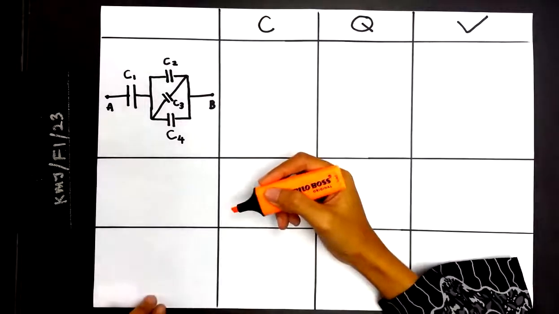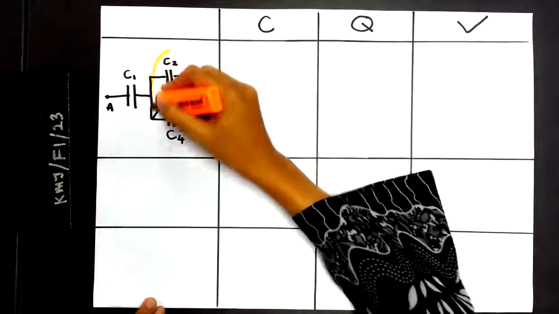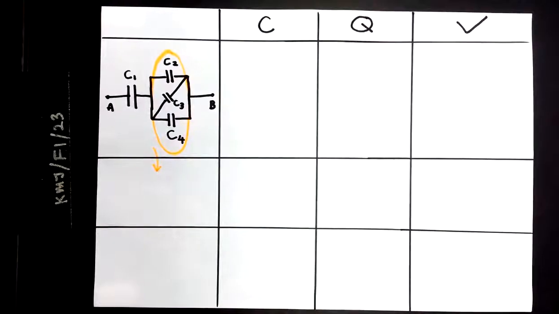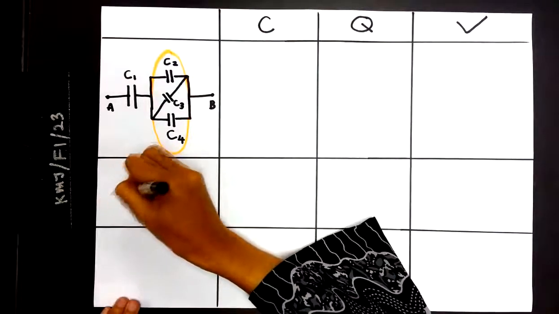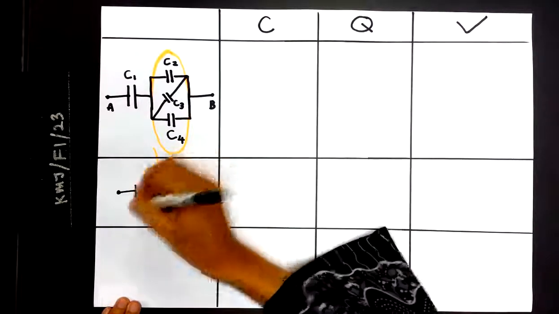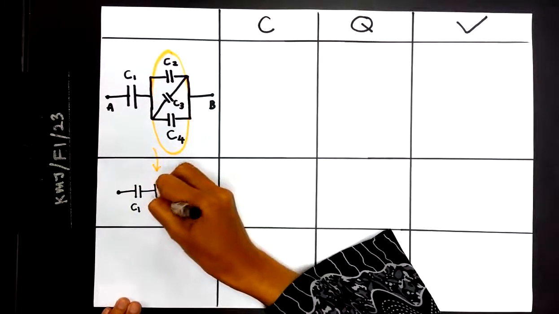and from the circuit we can clearly see that there are three capacitors that are arranged in parallel, C2, C3 and C4. So after we combine the three capacitors, we will get two capacitors arranged in series, which are C1 and C234.